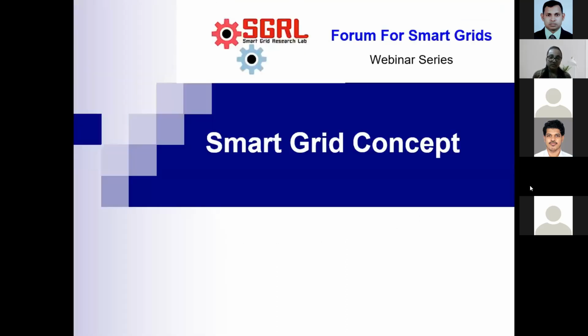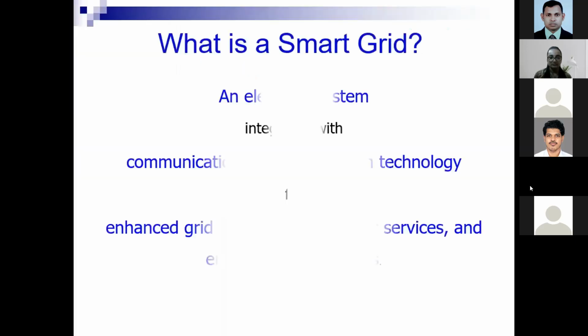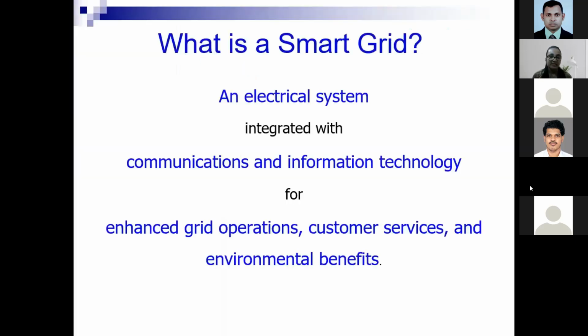After the discussion of microgrids, let's have an idea about the smart grid concept. A smart grid is an electrical system integrated with communications and information technologies for enhanced grid operations, customer services, and environmental benefits.